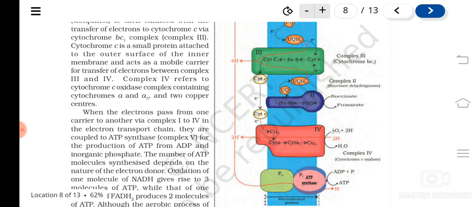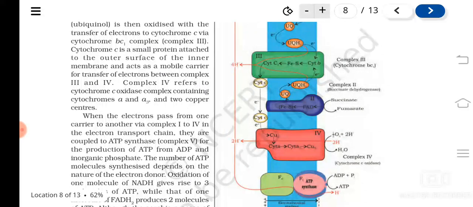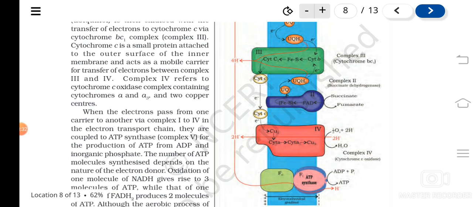Understood? So like this, you can see the electrons coming from NADH2 will be passing from one complex to another. And finally, that results in the ATP synthesis. Okay? So, when electrons pass from one carrier to another, through complex 1 to 4, you can see that they are also coupled with ATP synthase. ATP synthase is an enzyme actually, isn't it?